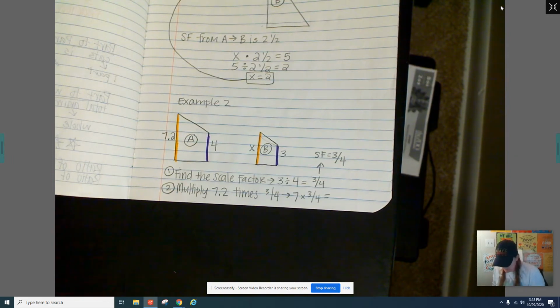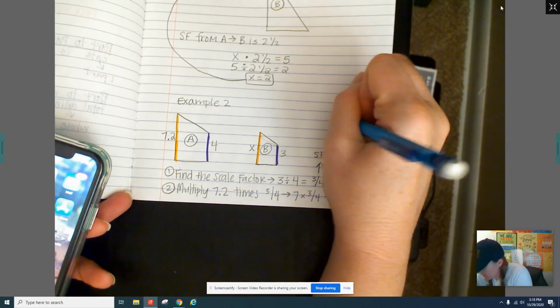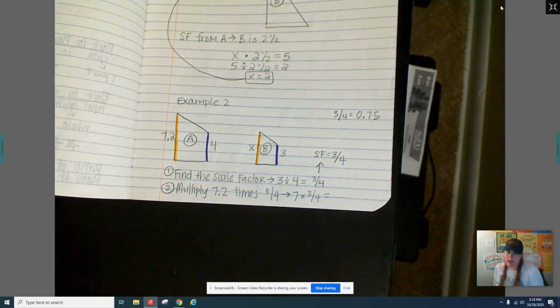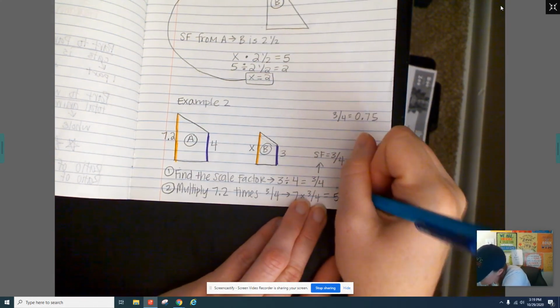If you are on a calculator where you can't put a fraction in, 3/4 is the same thing as 75/100. Think about if you had 3/4 of $1. And you should get 5 4/10.